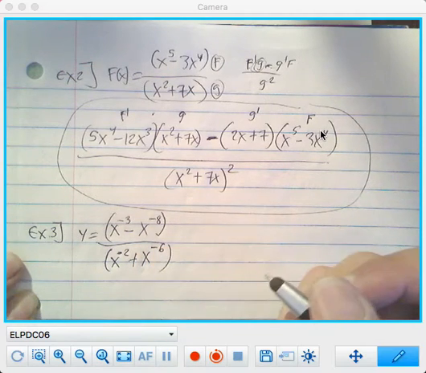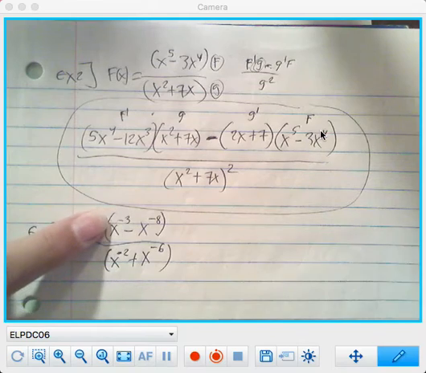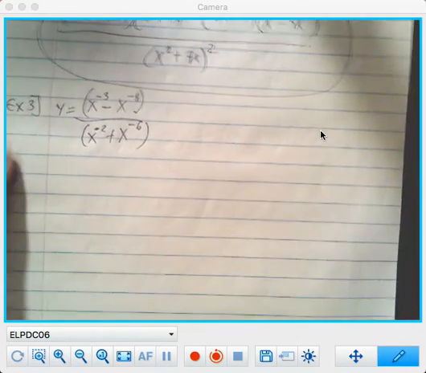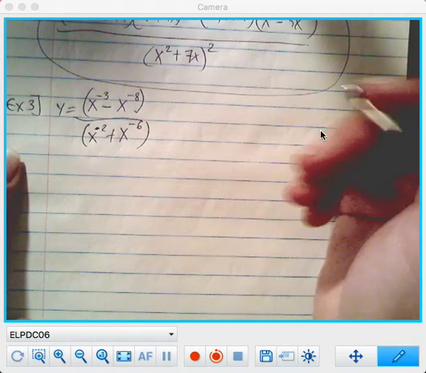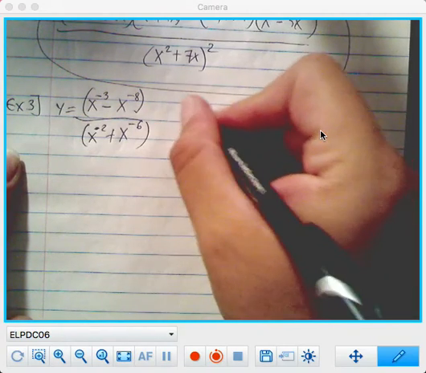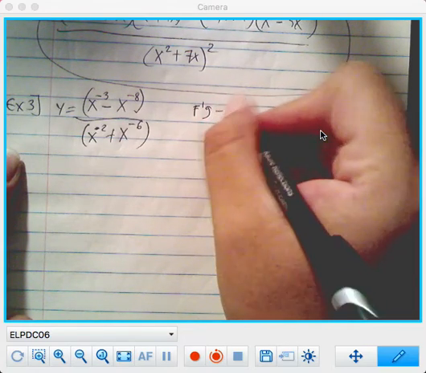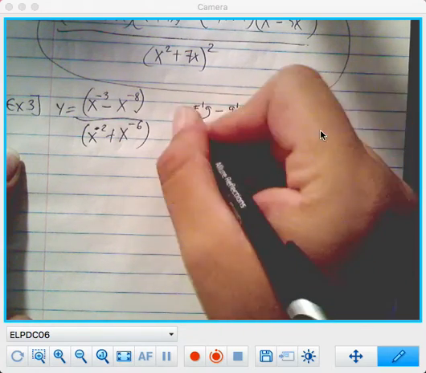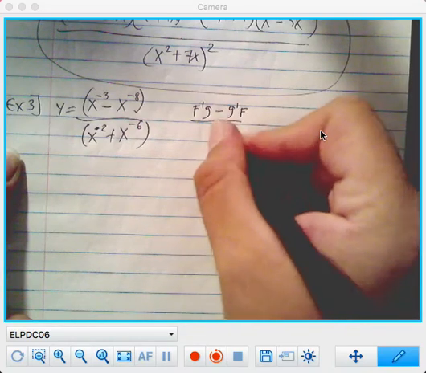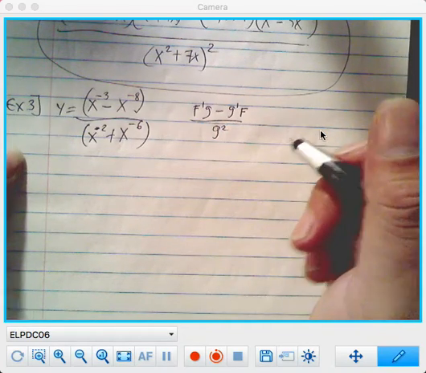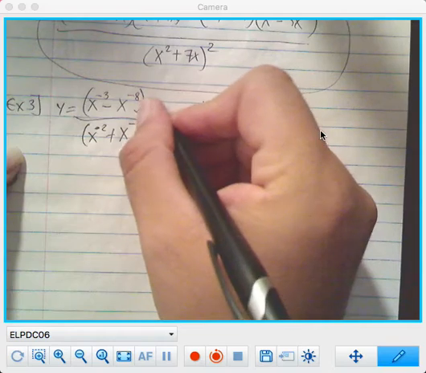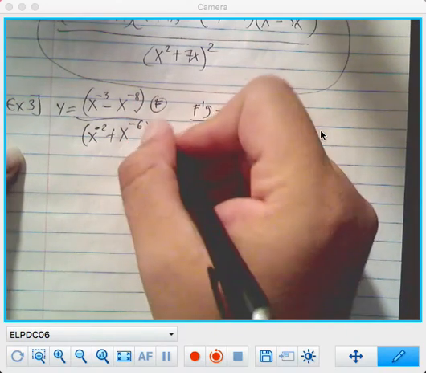Okay, so purposely they're doing it a little bit more difficult. Look, what is the first step? Copy the formula. F prime g minus g prime f over g squared. Okay, the top is f, the bottom is g.